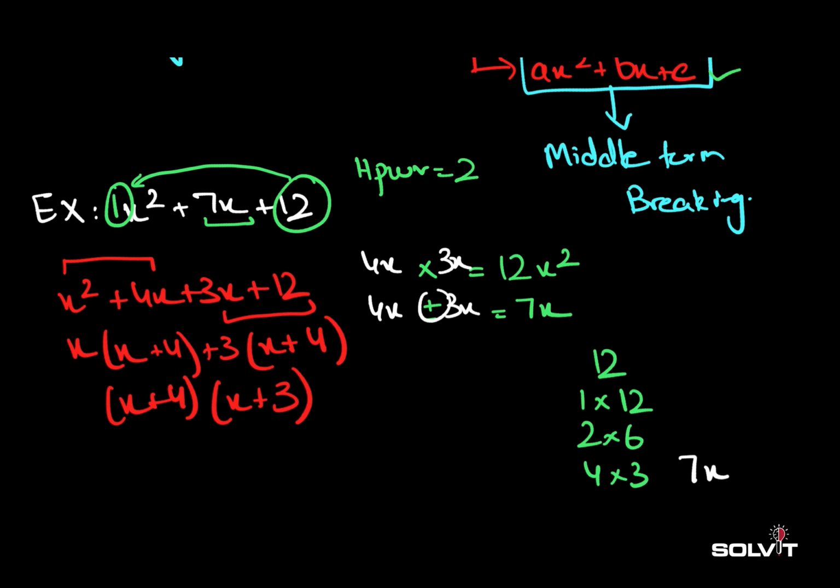So guys, let's jump on to one more example of this because I feel this is not going to be enough. Let's suppose I'm given x square minus 2x minus 24, and now I need to factorize it. Again, this is in the form of a quadratic equation, and to factorize it I'm going to be using middle term breaking, which is to multiply the coefficient of x square with the constant.